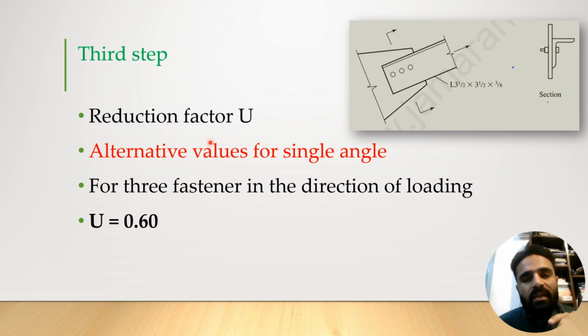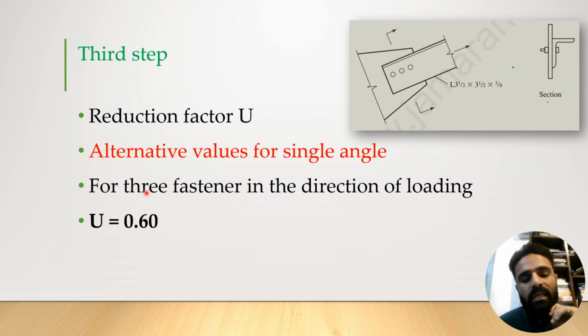In category number 4, for finding the shear lag reduction factor, we have two statements. For 3 fasteners in the direction of loading, where the direction of loading is this, the value of the shear lag reduction factor U will be 0.6. This will be the alternative value.